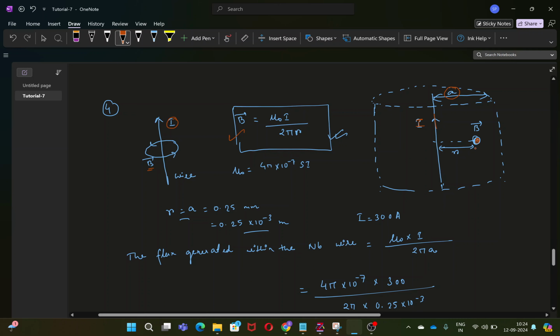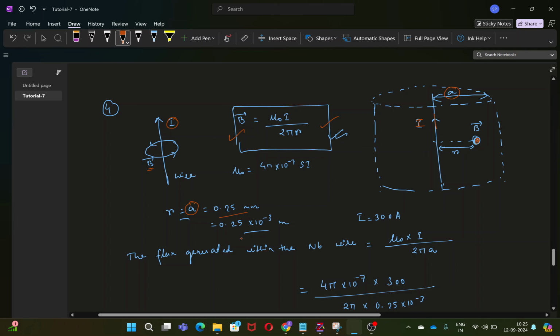If you have to calculate the magnetic field at this point, r distance from the axis, it will be given by mu naught I by 2 pi r. Now for our case, the only length information we know is the radius of the wire. So instead of taking r as an arbitrary value inside the wire, we will take r to be equal to the radius of the wire, which is A.